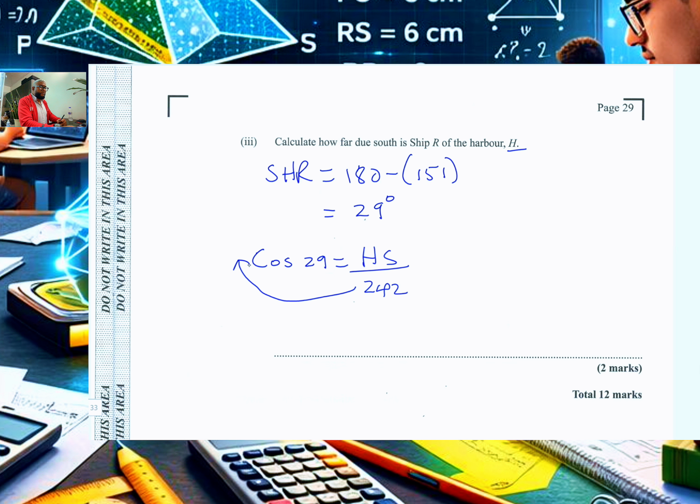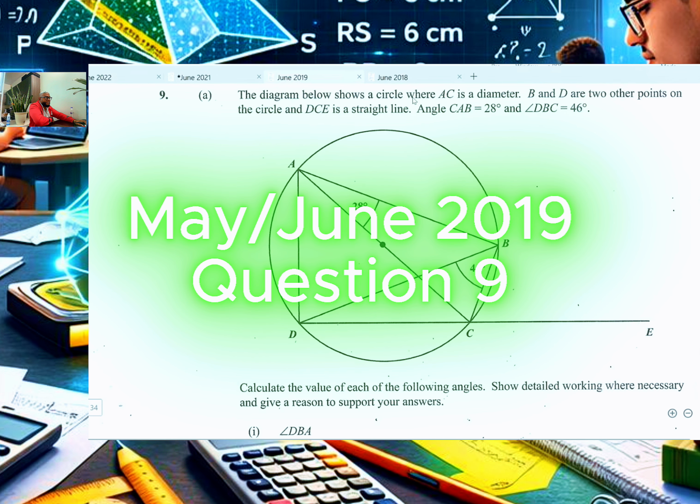Carry this to the left and multiply: 242 multiplied by cos 29 is equal to HS. What are we getting there? 211.66. Round off.